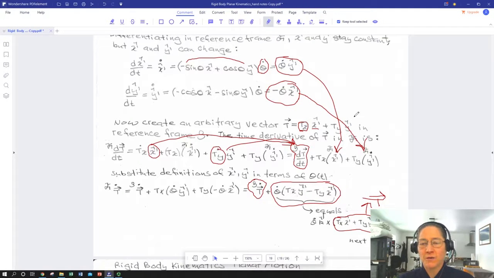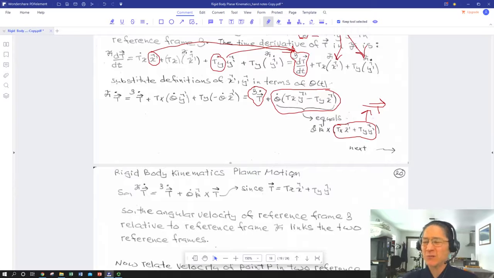We're right back up here. So we have the length of t in the x prime hat and the length of t in the y prime hat. And we have our rotational velocity of reference frame B with respect to reference frame F crossing into that. Now this looks pretty familiar.